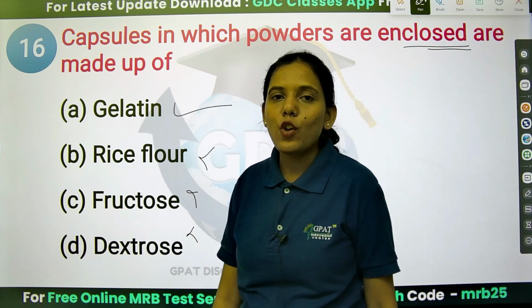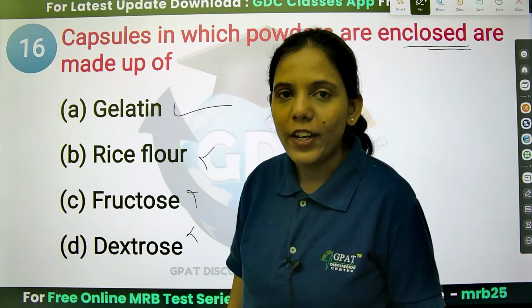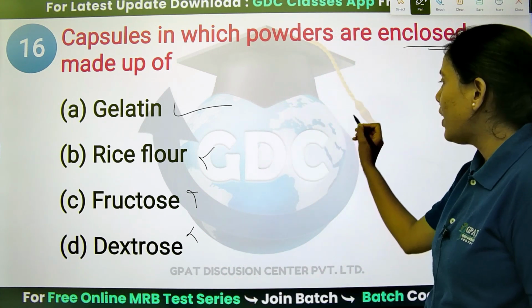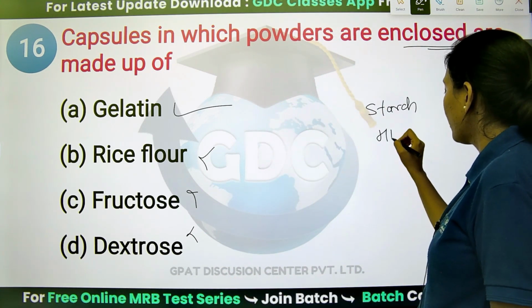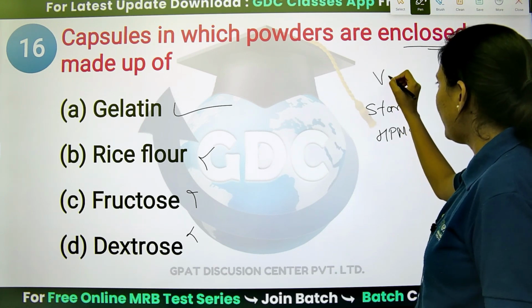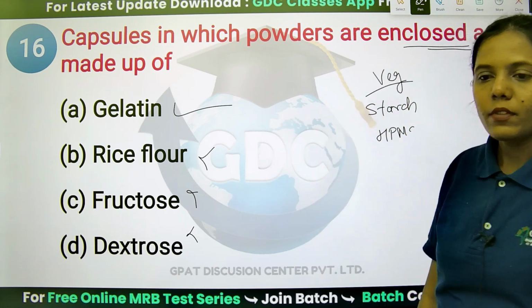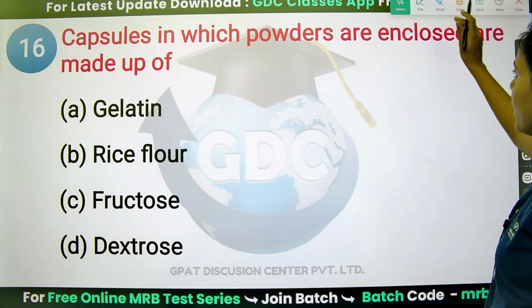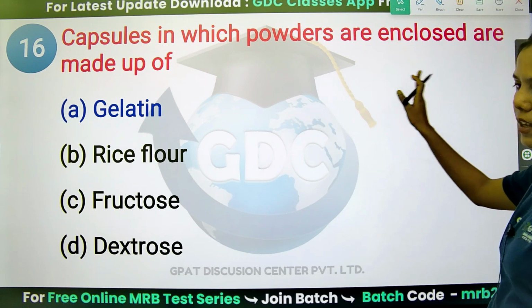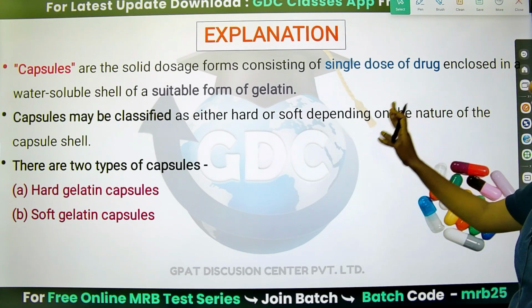So gelatin is obtained from the pork skin or the fresh bones, right? Apart from gelatin, we also have starch or HPMC. We call them vegetarian capsules. Starch and HPMC, we call them vegetarian capsules. Okay. So option A, that is gelatin, is the right answer.